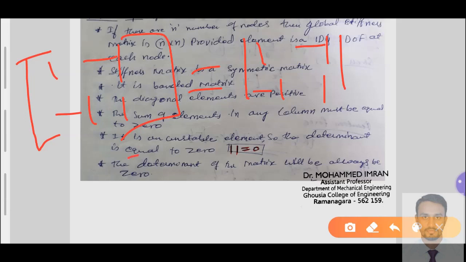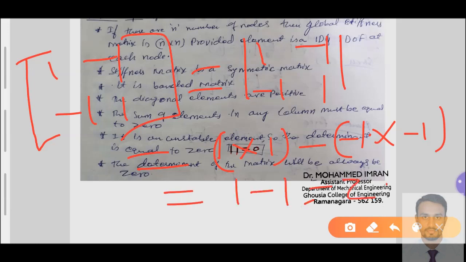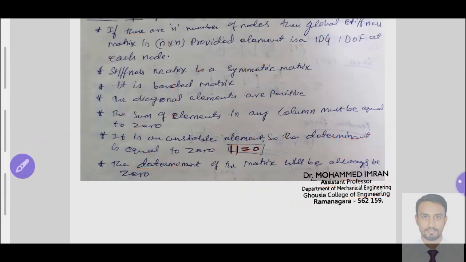When you apply the determinant for this: 1 into 1 minus of minus 1 into minus 1, so 1 minus 1 is equal to 0. So it satisfies the given condition, then the stiffness matrix is correct.